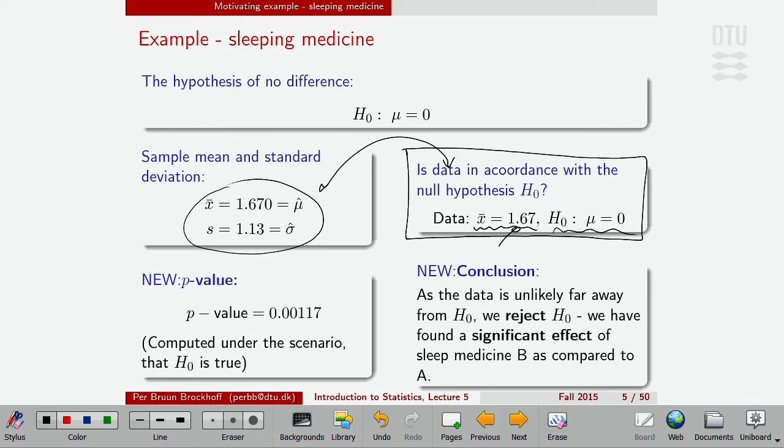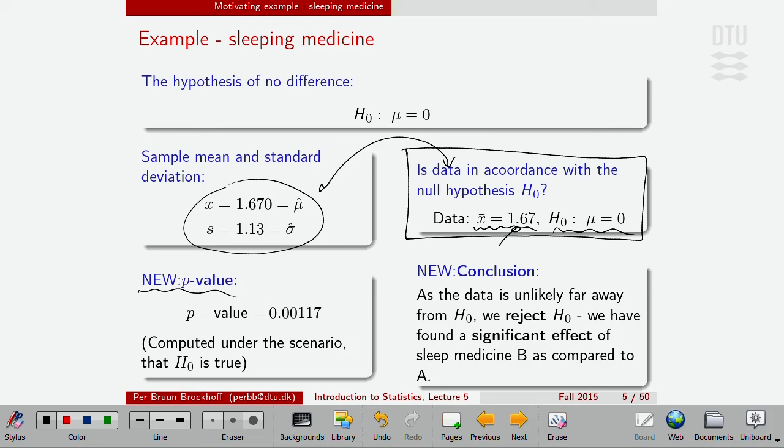I put this difference between the data and my null into a probability, because we learned last time that a mean like that can vary from time to time. So we cannot just say yes or no, but we can measure it by a probability, because we know how the mean distributes itself from time to time. This is the new thing. We're going to compute the probability that we go as far away as 1.67.